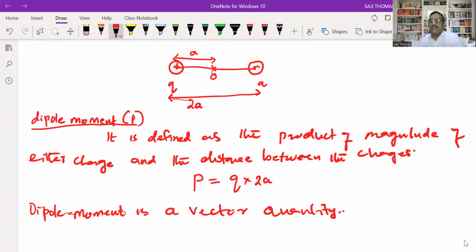So remember, the direction of dipole moment is from the negative charge to the positive charge. What is the direction of dipole moment? It is from negative charge to positive charge.